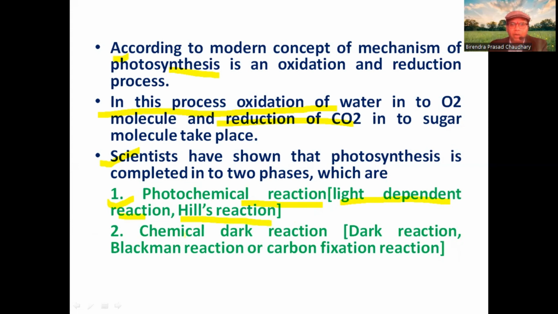The next phase is the chemical dark reaction, and it is also called the dark reaction, Blackman reaction, or carbon fixation reaction. In this process, the fixation of carbon takes place to form glucose, so it is also known as carbon fixation. Why they are called these names, we will study later on too.